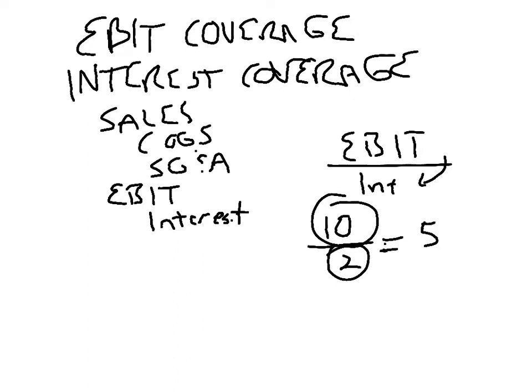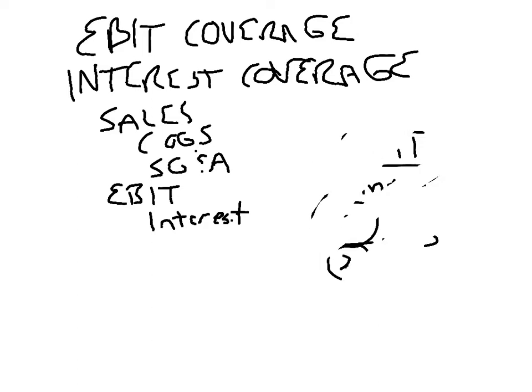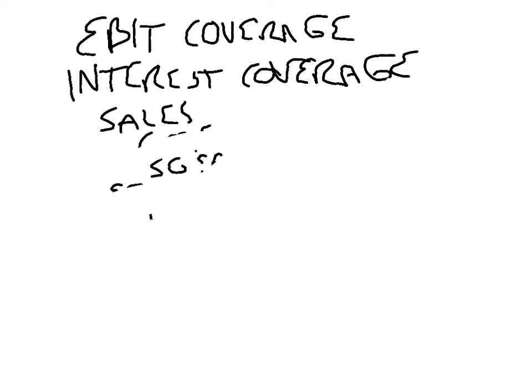So that means that we have enough money to be able to pay off all of our interest expense, and that's a thing that a lot of companies will look at pretty closely. One of the reasons that this is important is because it lets you see if you are going to be able to add more debt to a company.